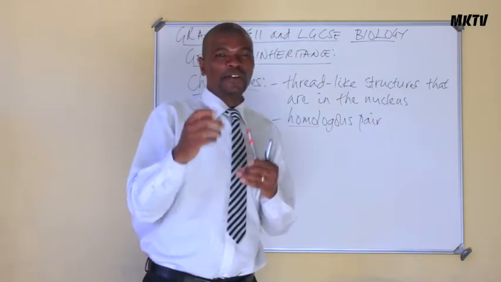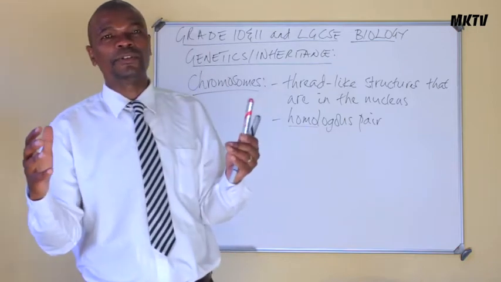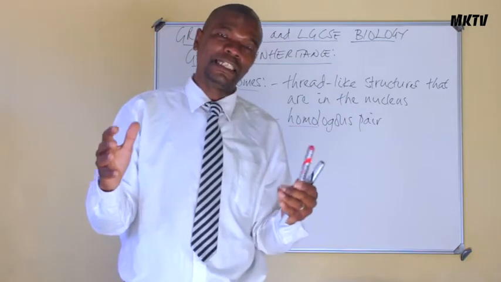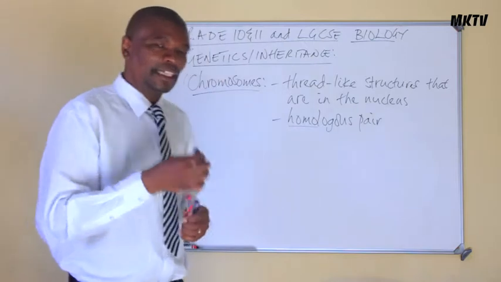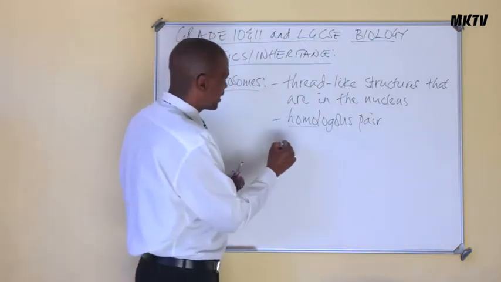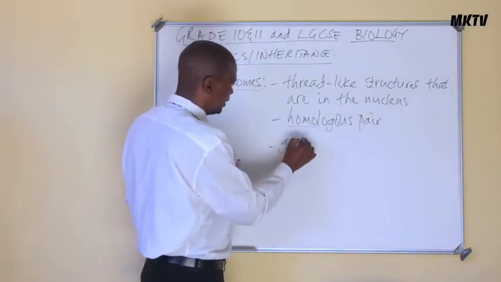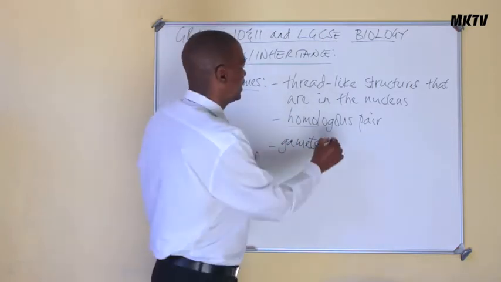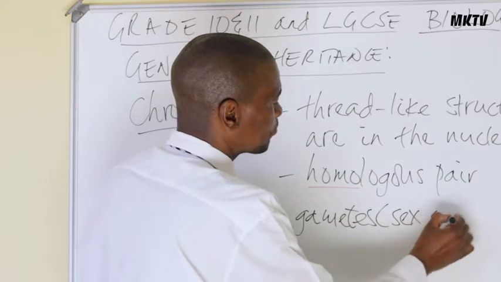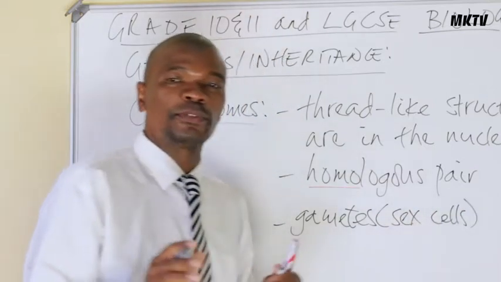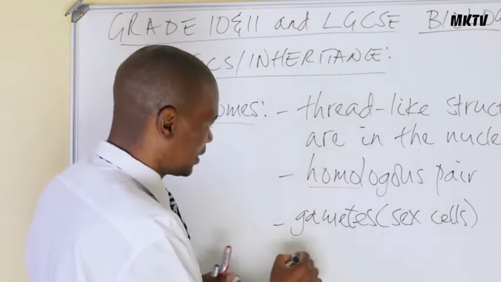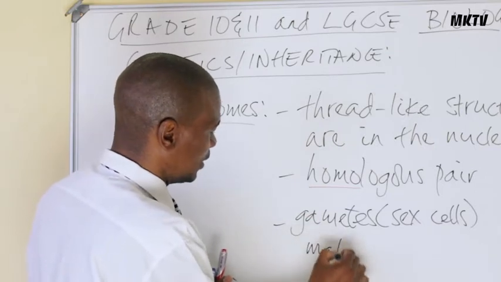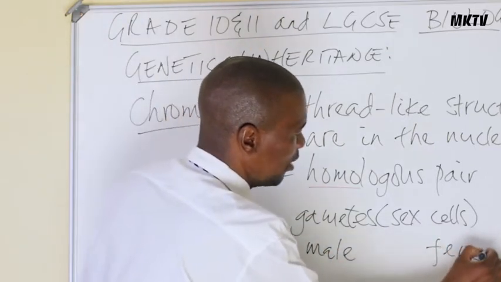In other words, let's talk about sexual reproduction. In sexual reproduction, this is where we have got gametes. Gametes are otherwise known as sex cells. And we know we have two groups of them. We have those in plants, the male and the female. I'll put them here.